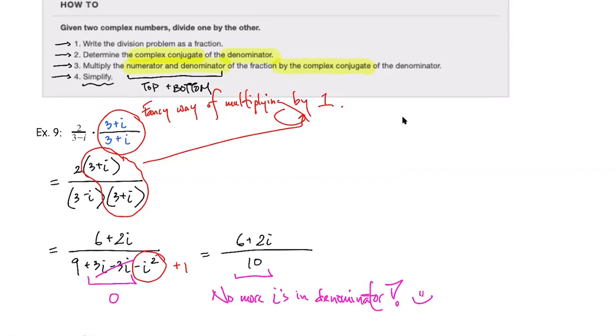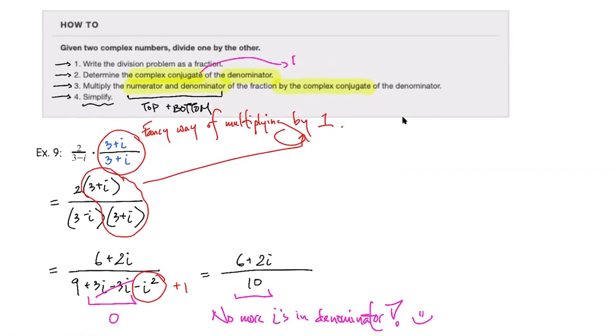So we choose this complex conjugate because it will eliminate the i's in the denominator. Okay. That's why we multiply by the complex conjugate, because it gets rid of the i's in the denominator. Does that maybe make a little bit more sense in terms of why we're choosing this strategy?